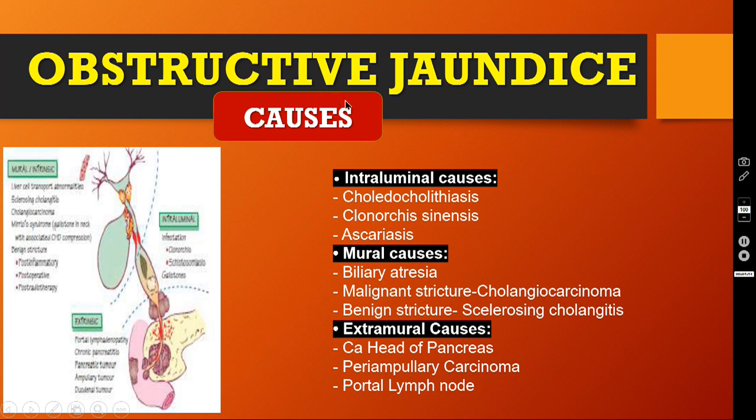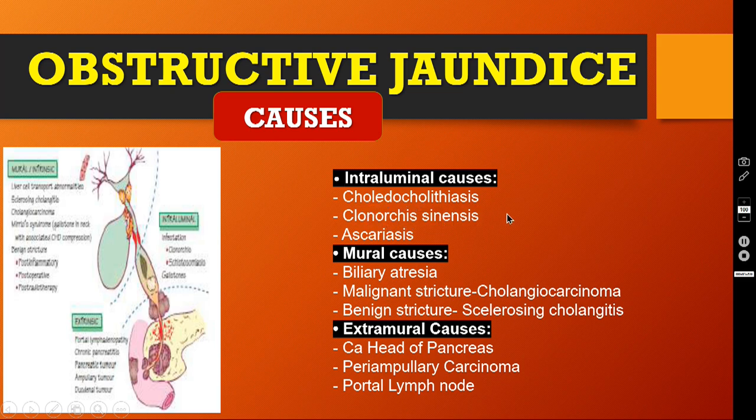So, what are the various causes of obstructive jaundice? We can divide them into intraluminal causes, mural causes, and extramural causes. Coming to the intraluminal causes, the commonest cause is choledocholithiasis, or presence of gallstone in the common bile duct.